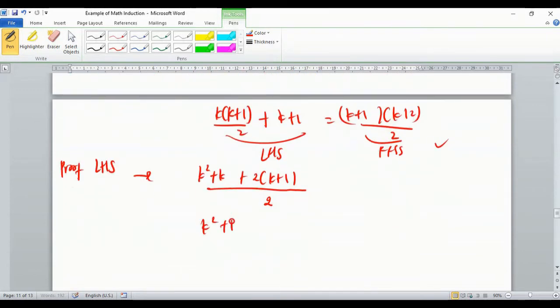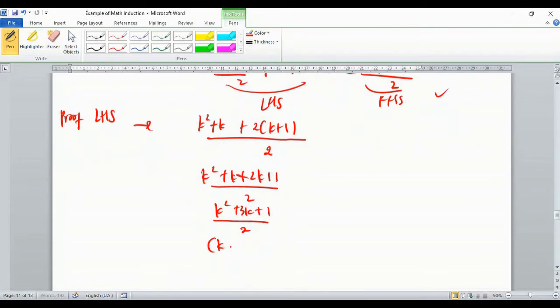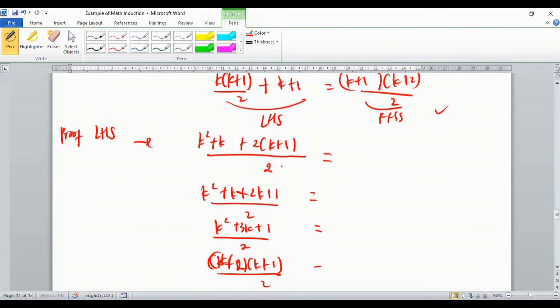k square plus k plus 2k plus 2 over 2. So in here, k square plus 3k plus 2 over 2. So we can factorize them, k plus 1, k plus 2 over 2. Sorry everyone, it is 2, not 1.